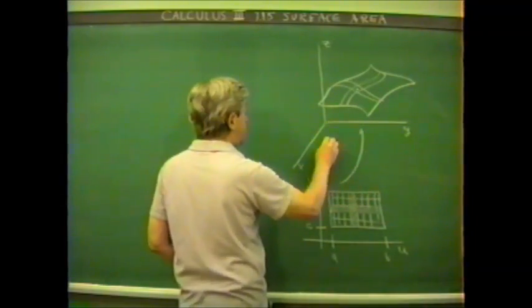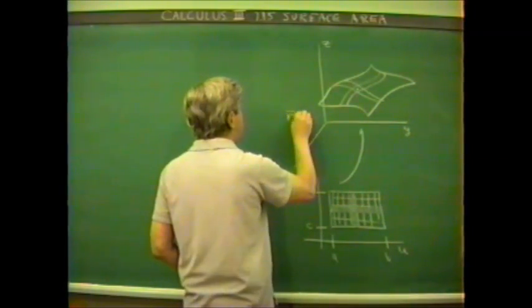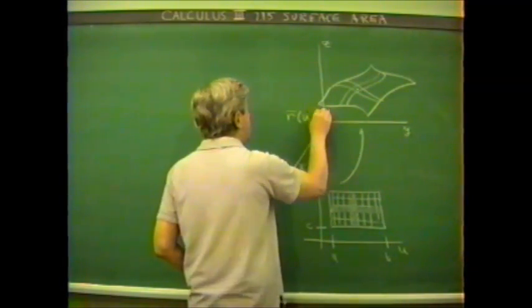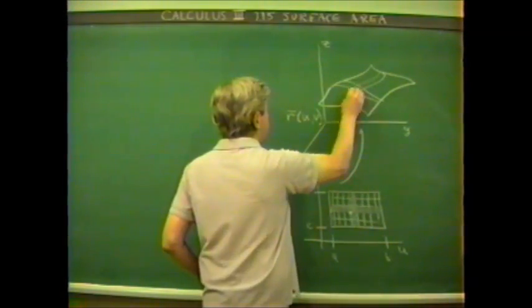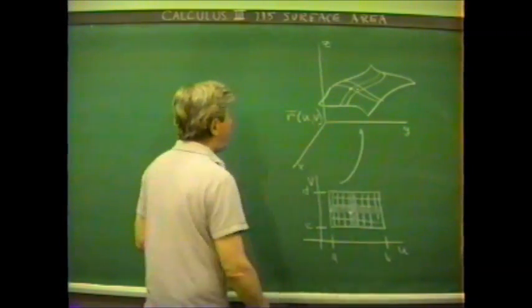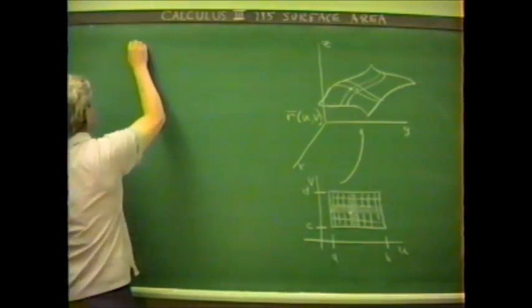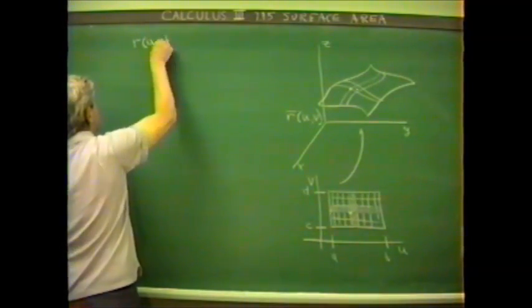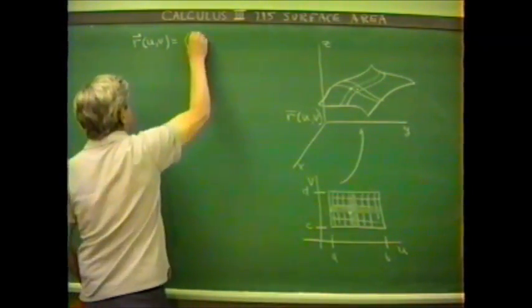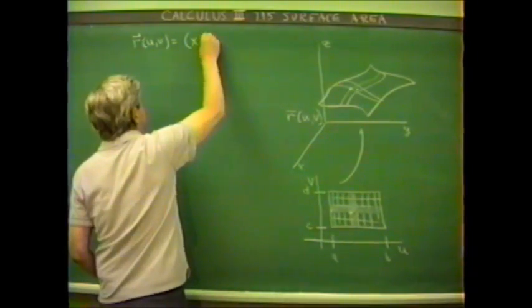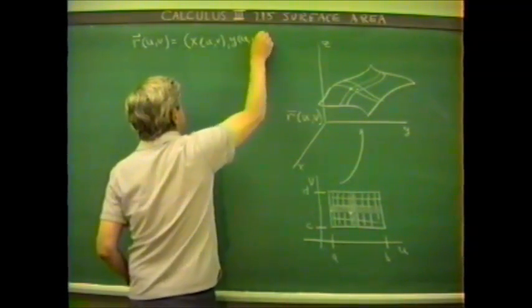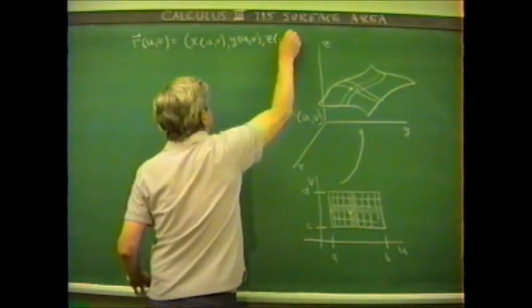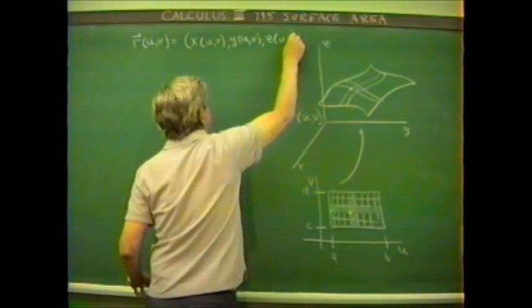We're going to consider this to be the vector valued function r of u and v. It's going to take a point uv here, and it's going to correspond it to a point x, y, z. So r of uv will be equal to x of u and v, y of u and v, z of u and v.